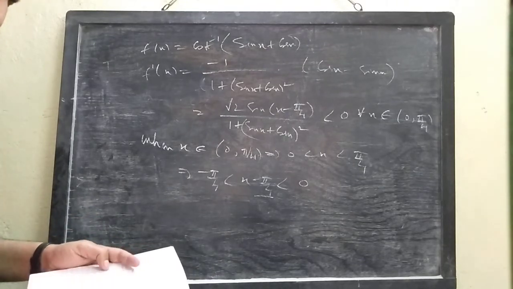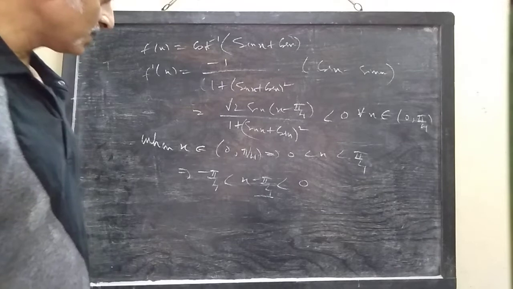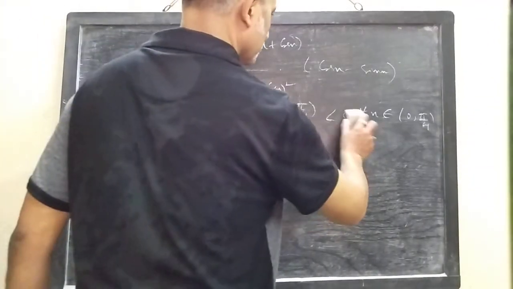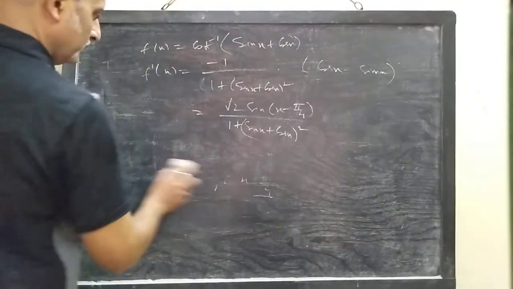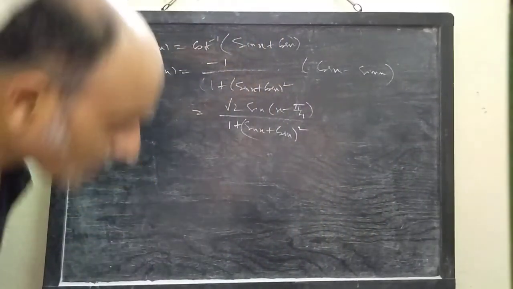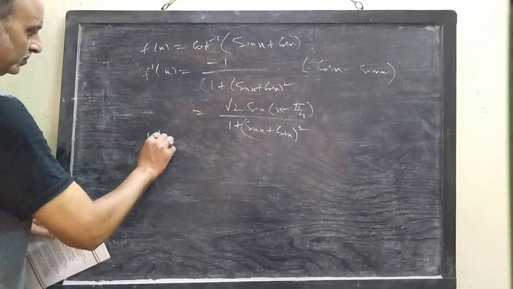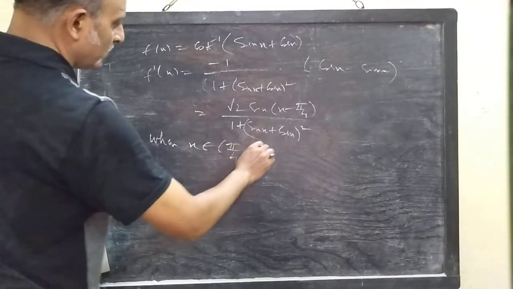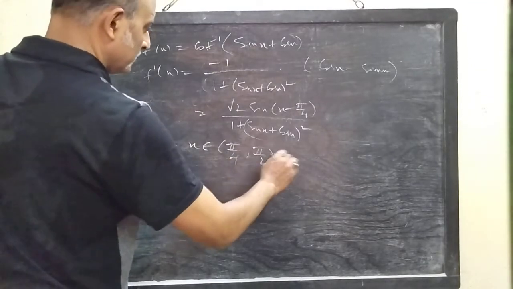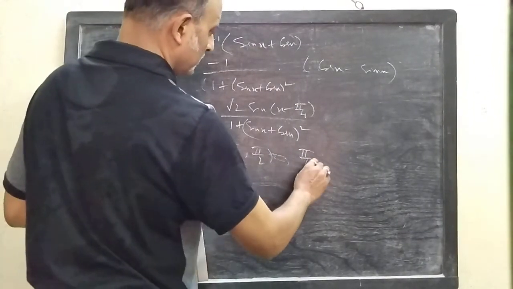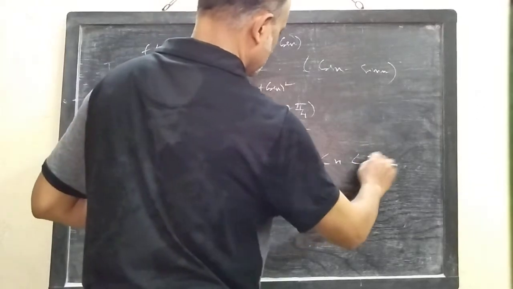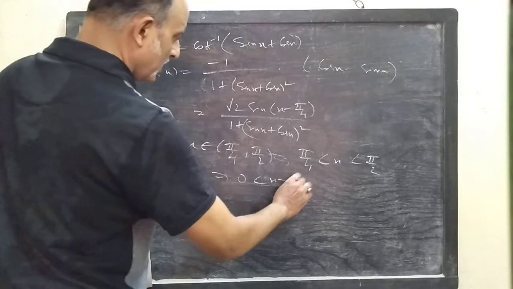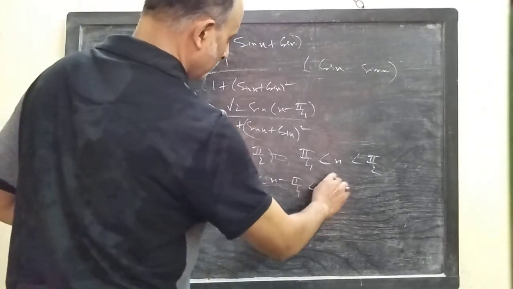And then in the next part, pi by 4 to pi by 2. When x belongs to pi by 4 to pi by 2, that implies 0 less than x minus pi by 4 less than pi by 4.